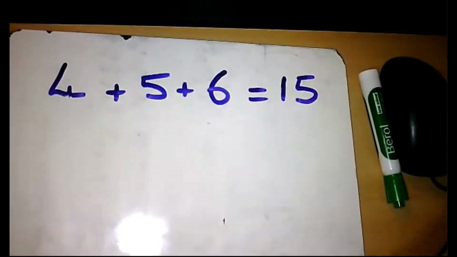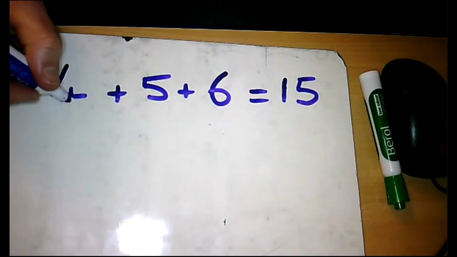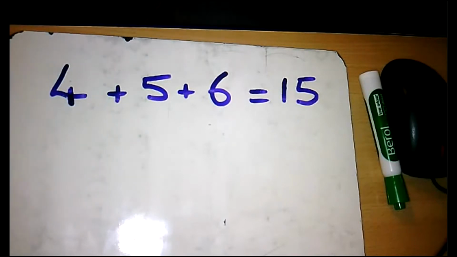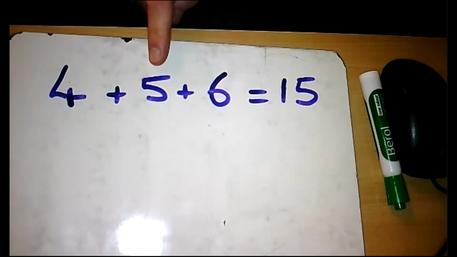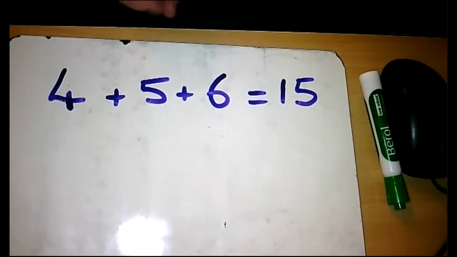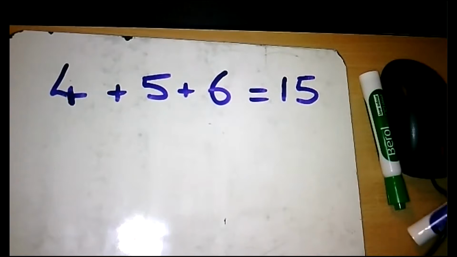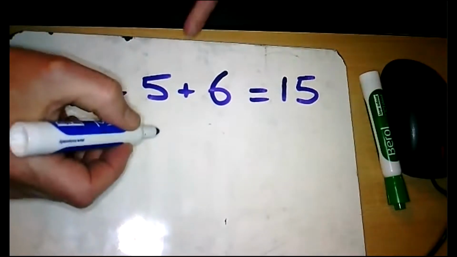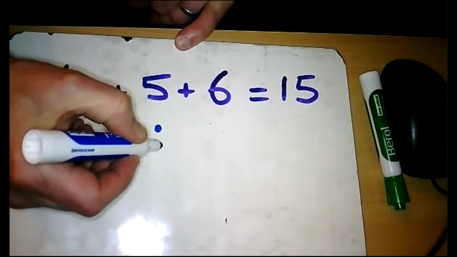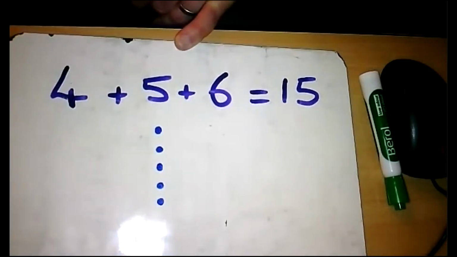There we are. 4 add 5 add 6 makes 15, and we've suggested that 5 times 3 is 15. 1, 2, 3 numbers multiplied by 5 makes 15. So I wonder if I can start showing this in some kind of picture form. To begin with, I'm going to show my 5 here. 1, 2, 3, 4, 5.